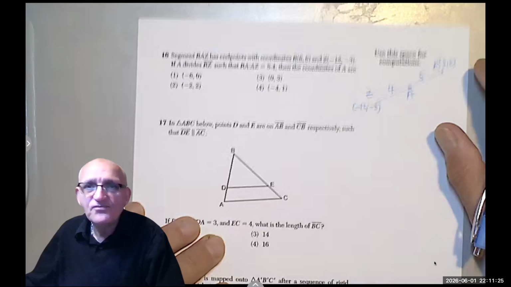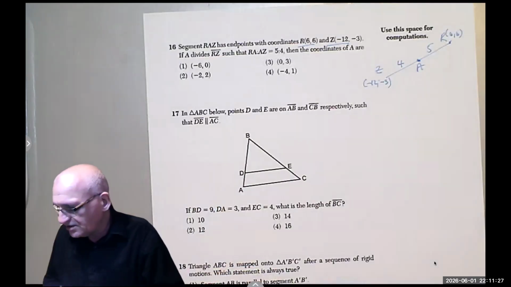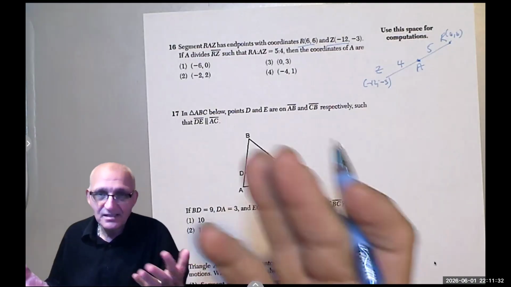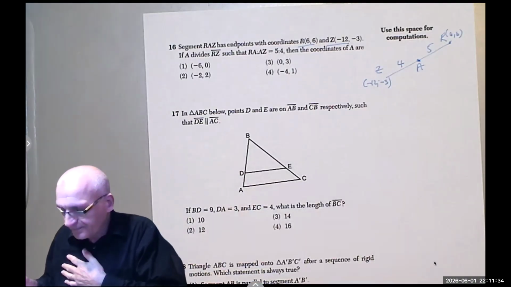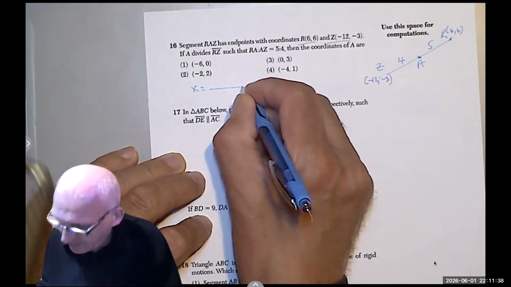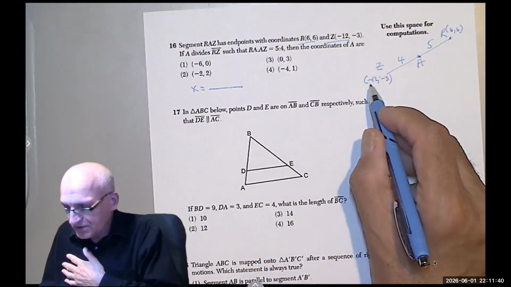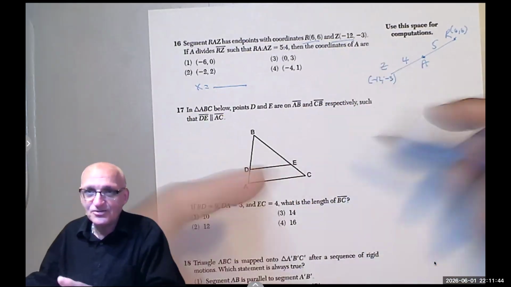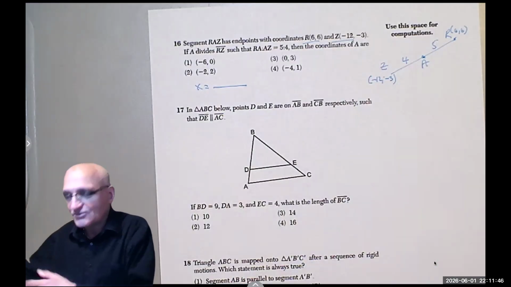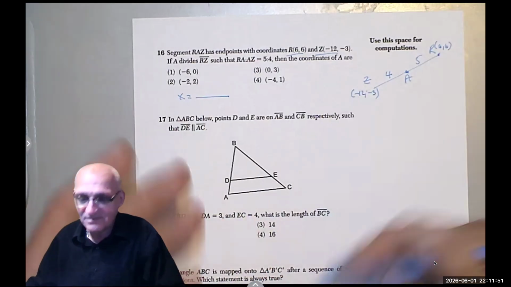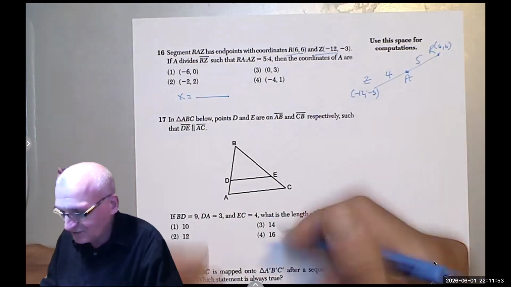In fact, if you have watched one of my previous videos about how to divide any line into any proportion, you would see that I said x equals, I'm going to say the coordinates of the first point. In this case, I'm using Z as the first point, not R. So I drew the positive up to the right and the negative down and to the left.